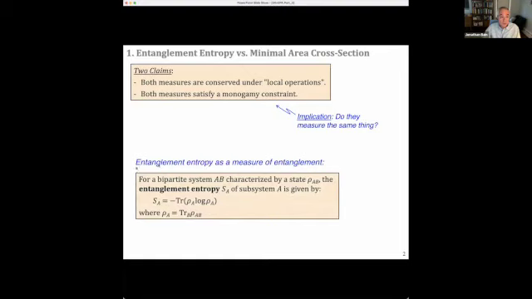In a previous lecture, we were already introduced or reminded of the notion of entanglement entropy as a measure of entanglement.